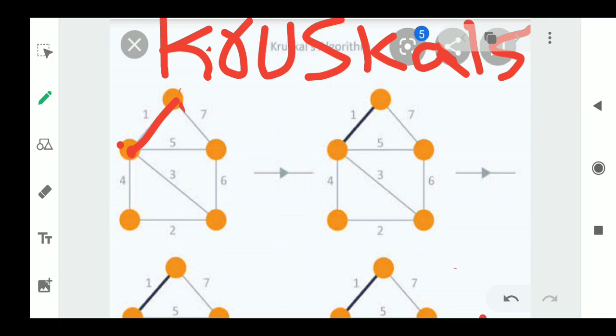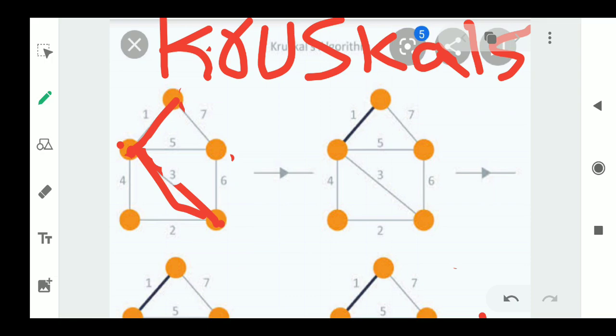From here I will see what adjacent edges I am having. This one is adjacent, this one is adjacent, and this one is adjacent. Among all of them, the least cost one is 3. That's why I will select this 3, and I will not select these others, because the least cost one is 3. So now we reach point 2.